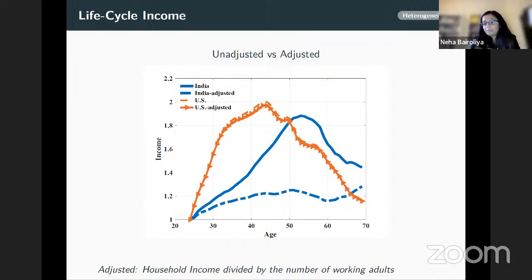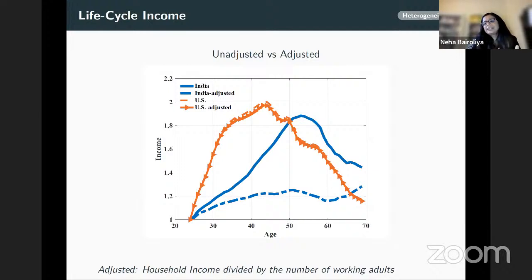Again, we can look at that because we have the working status, the occupation of every household member. And once we make an adjustment, and the adjustment is looking at household income per working member, of course, the US picture doesn't change much, but the Indian picture does change a lot. The growth does go down. It's about a 20% growth once we control for the participation margin.